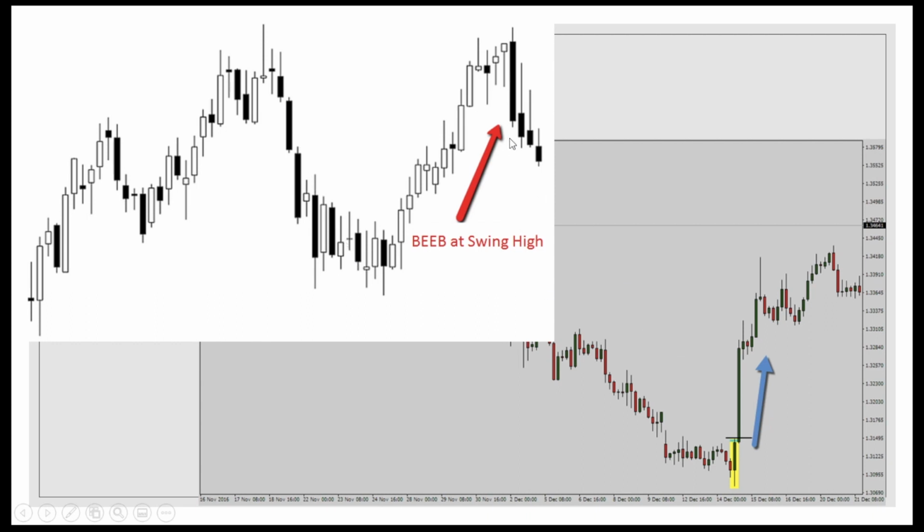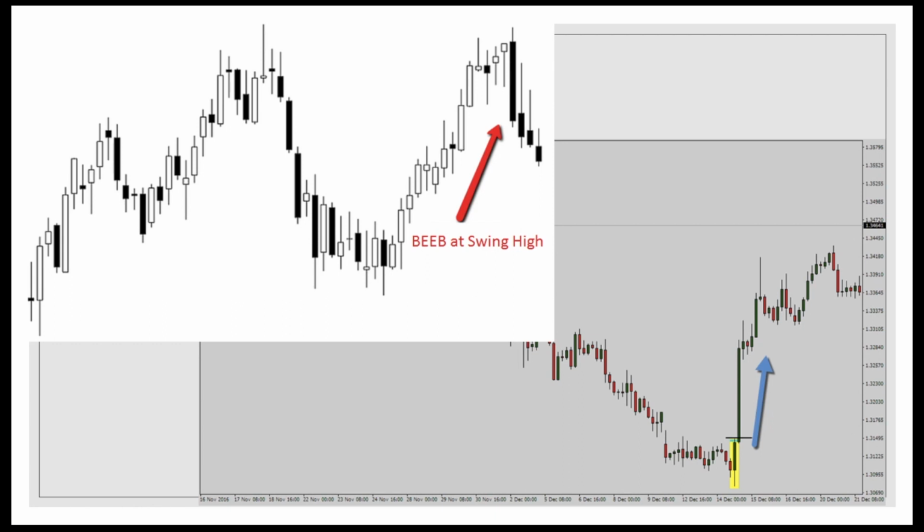So when you are trying to trade counter-trend, you should know to use an engulfing bar rather than a pin bar, because a pin bar works better with the trend, but an engulfing bar works better counter-trend.